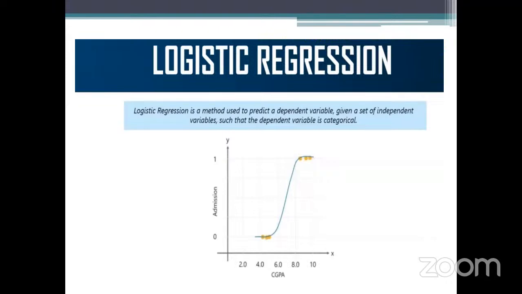Based on the CGPA she scored in the past, you can use logistic regression to forecast the outcome. Logistic regression will allow you to analyze a set of variables and predict a categorical output, since here we need to predict whether she will get into school or not.